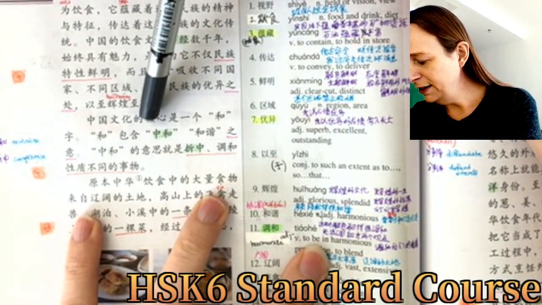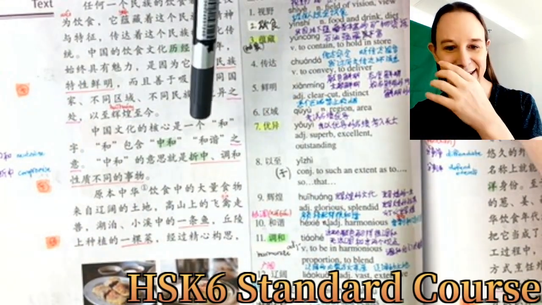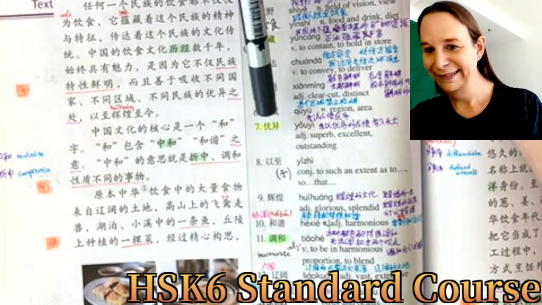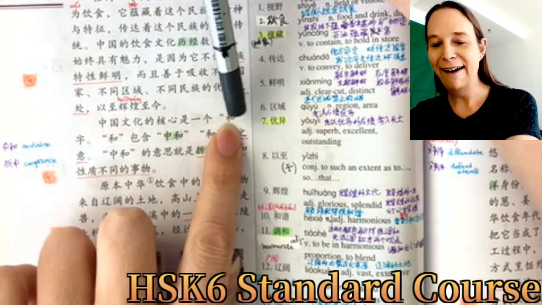中国文化的核心是一个和字。Chinese culture's core is the character 和.